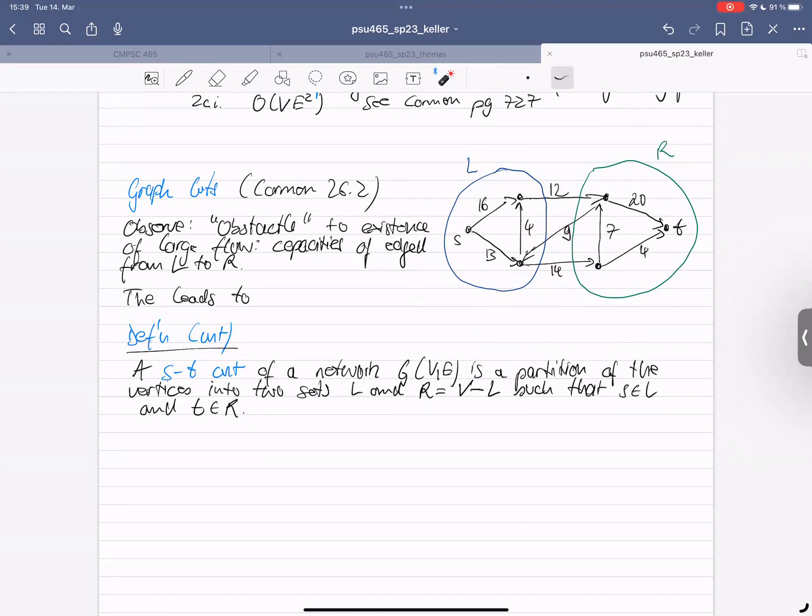In a different context, a cut is typically defined without dedicated vertices S and T. Here we're interested in this very special kind of cut, where S is contained in one part of the partition and T in the other. But I'm not going to make this distinction. Whenever I say cut, I really mean ST cut. Since this is an important point, I will write this down here.